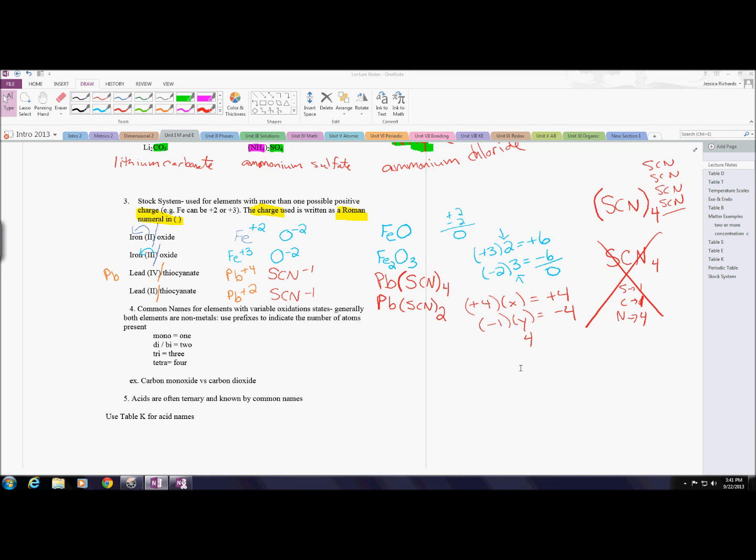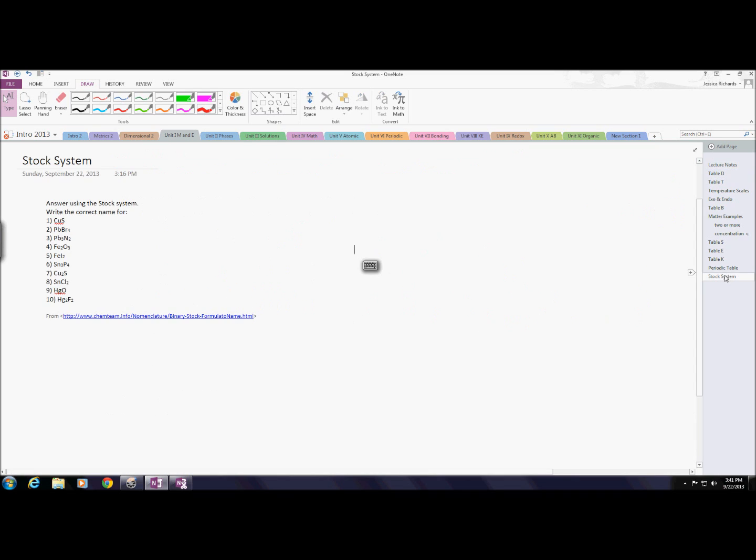You're not only going to have to write the proper formulas from a name using the stock system, but you're also going to have to turn a formula into the correct name. So I borrowed a few examples from a website, and we're just going to go through and name them.